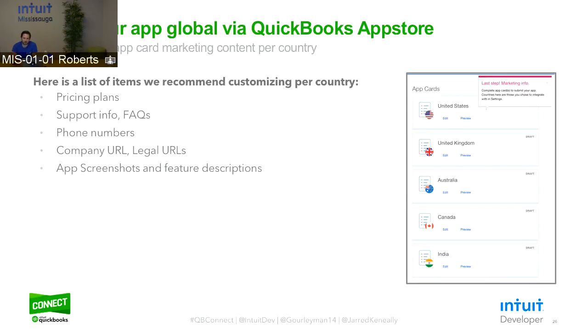There might be different languages and verbiage around how you want to present your feature set. You can also specify different pricing plans, local support info, FAQs, phone numbers, different company and legal URLs depending on the region, and you can customize screenshots if there are currency references or anything that differs between your regions.